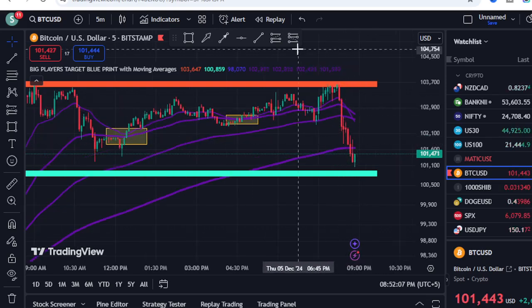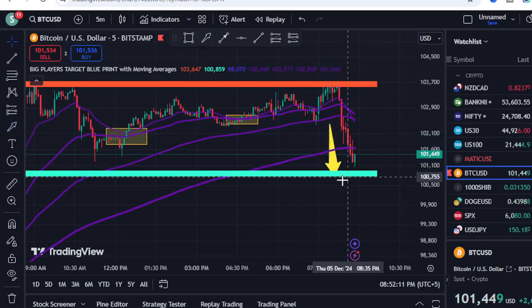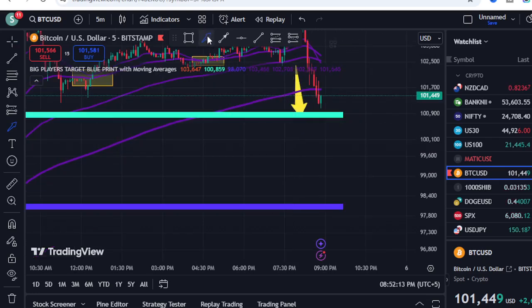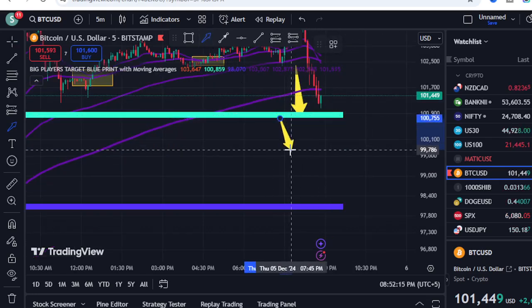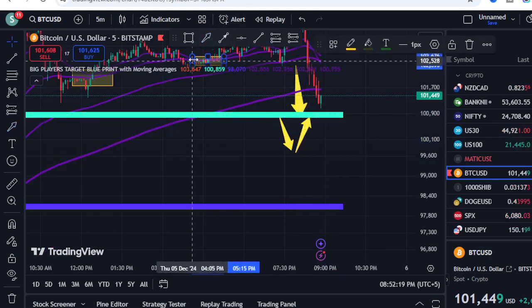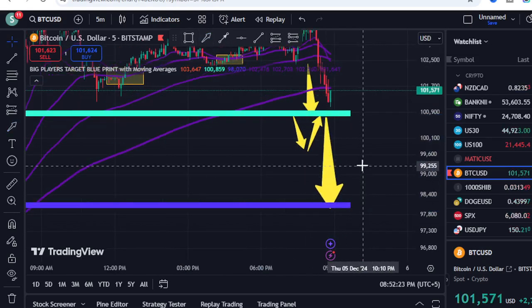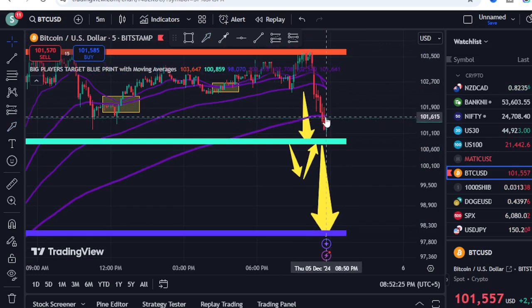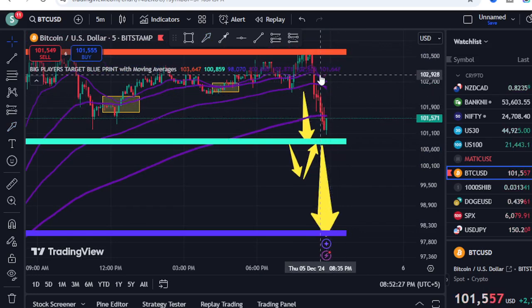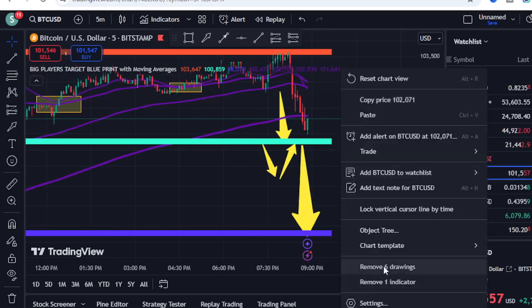This was the bearish sign, and Bitcoin has reached its first target, the green level. If Bitcoin decides to go further down, then it will make a retest at the same level, and then it will again target the lower side. But if Bitcoin wants to go up, then we will again wait for the moving averages to cross over. Otherwise we will not be entering any kind of trade.